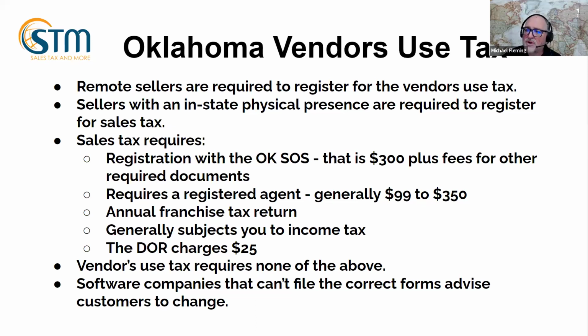By the way, you have to renew your registration with the Oklahoma Secretary of State every year. So that's going to be an issue, and you pay money every year to get it renewed. Also, when you're registering for the sales tax with the Secretary of State registration, now you're generally subject to income tax. And the Department of Revenue, or whatever their equivalent is in Oklahoma, is going to charge you $25 for the privilege of signing up for the sales tax.